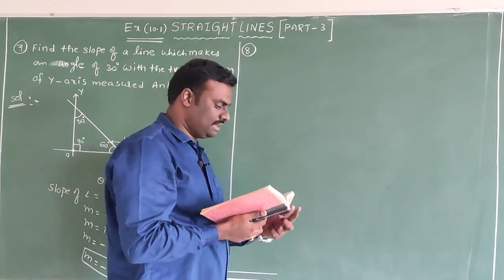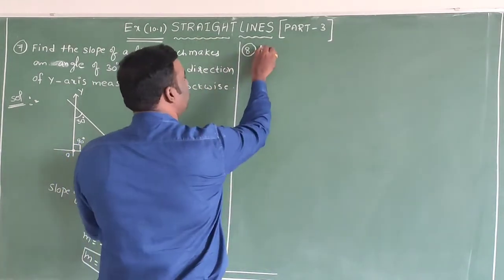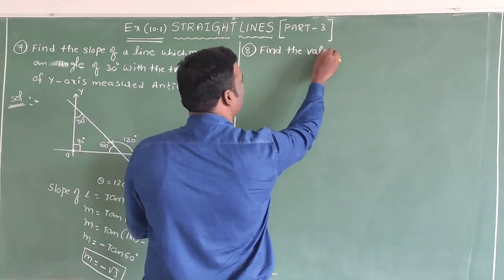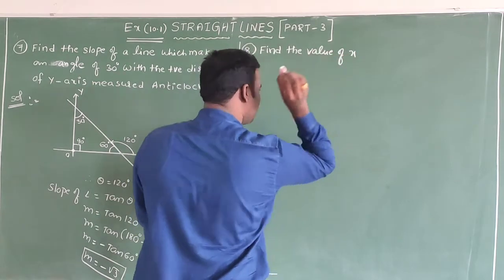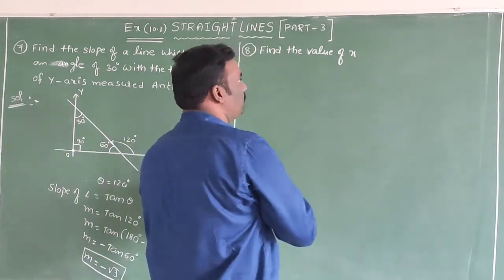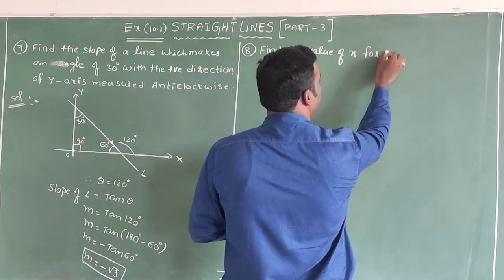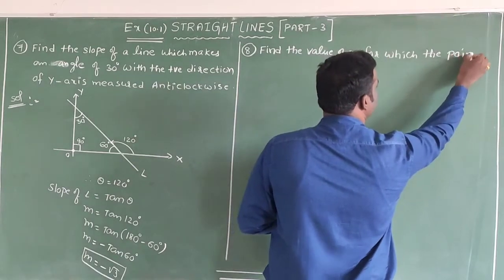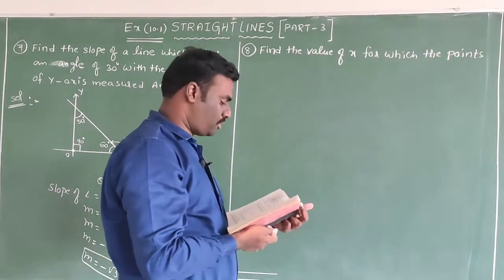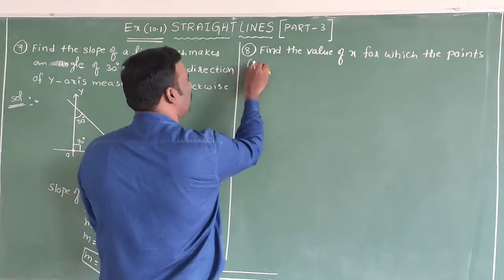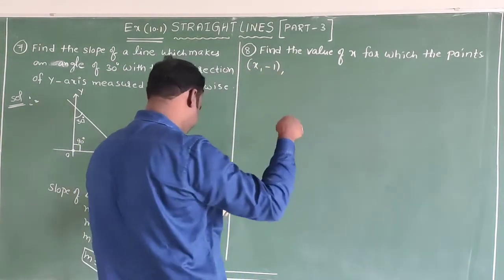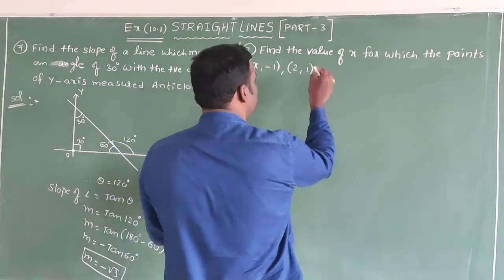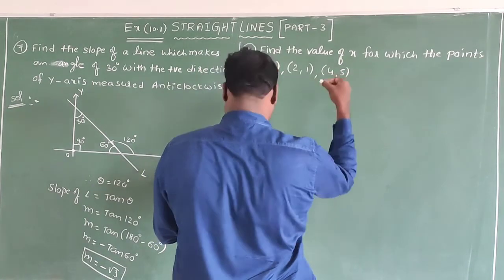In question number 8, they have given: find the value of x for which the points (x, -1) is the first point, (2, 1) is the second point, and (4, 5) is the third point.